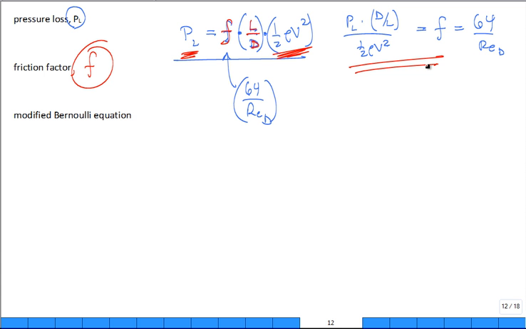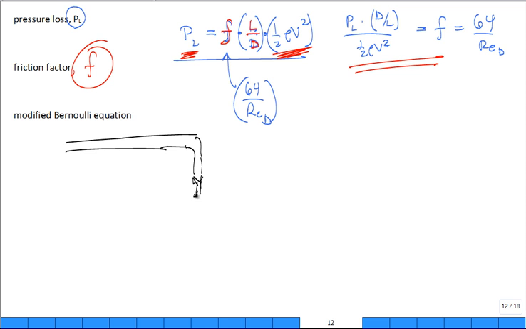Wrote it backwards. So now we have an easy way of putting in for pipe flow that modified Bernoulli's equation. Remember? We said, let's do a pipe analysis. We'll come down and we'll do a bend, and then we'll do a restriction, maybe a smaller pipe or something like that.